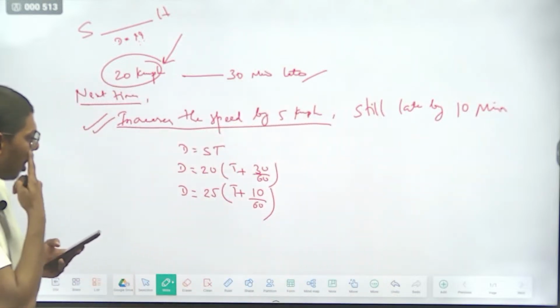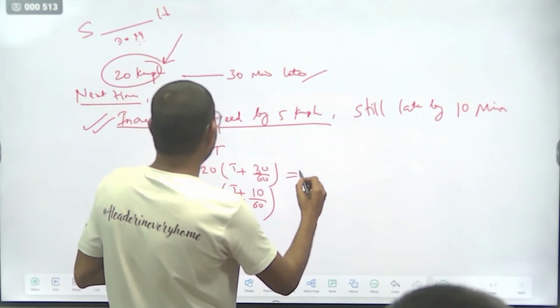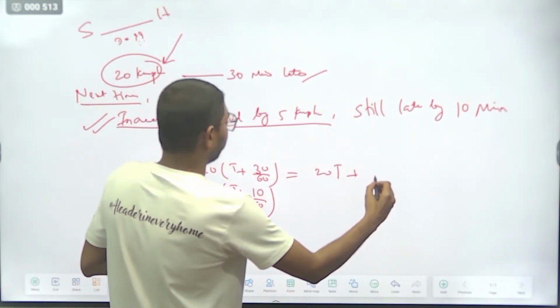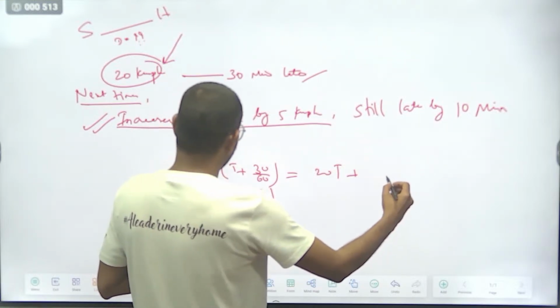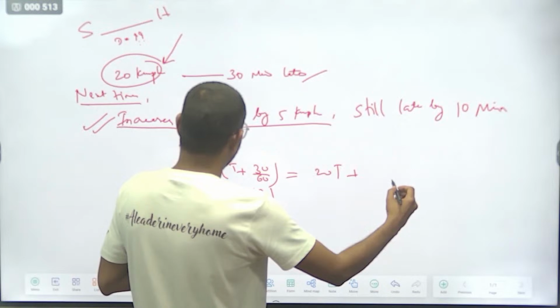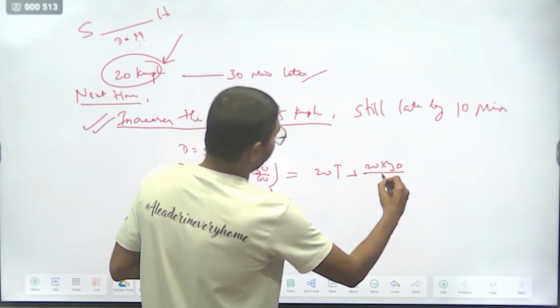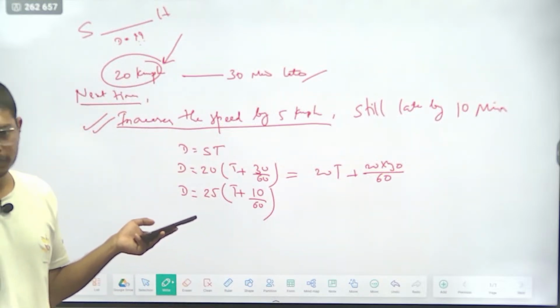Okay. So now from here, it is simply a simple calculation. It is 20t plus 20 into half, okay, 20 into 30 by 60, right? Yes or no?